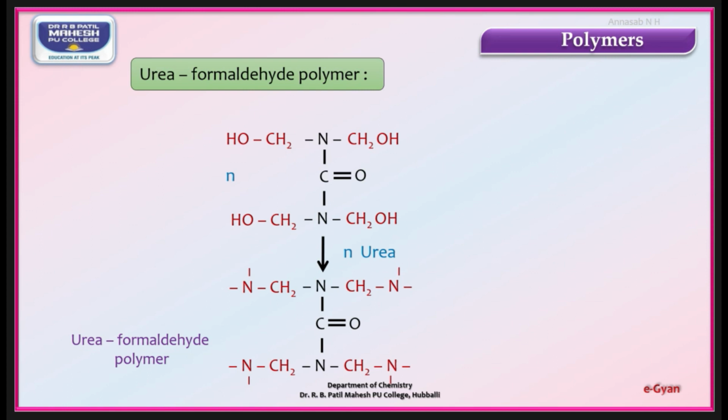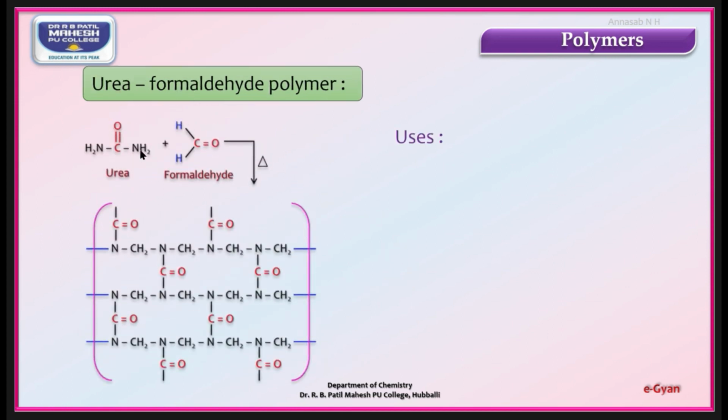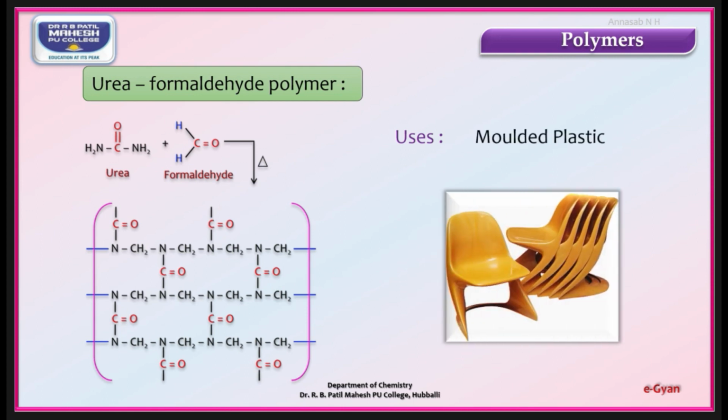The structure we get is like this: NH2CONH2 and formaldehyde, H C double bond O, lead to the formation of this type of component. Here we have NCH2OH. After the removal of water, another molecule combines to form a cross-linked polymer. Uses: it is used in the preparation of molded plastics.